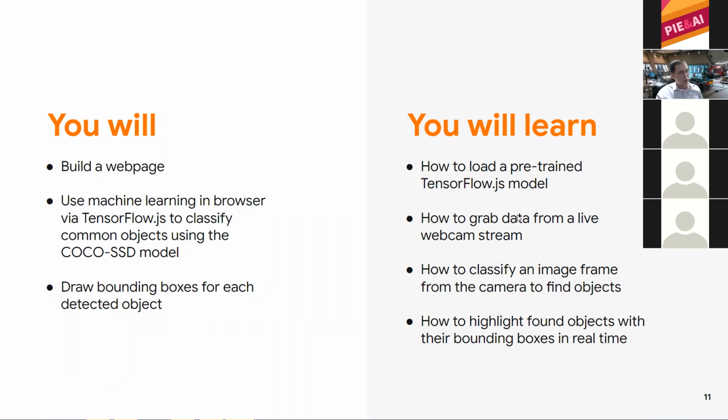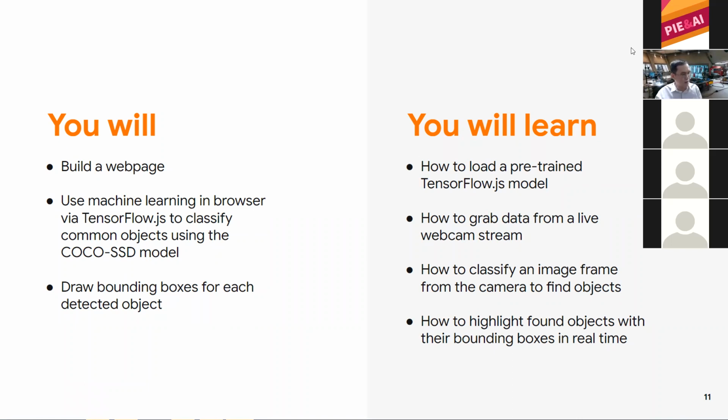Then moving on to classify the image frame from the camera to find any object or not. And finally, highlight the found object with the bounding box in real time. I guess this is kind of exciting. So let's get started.